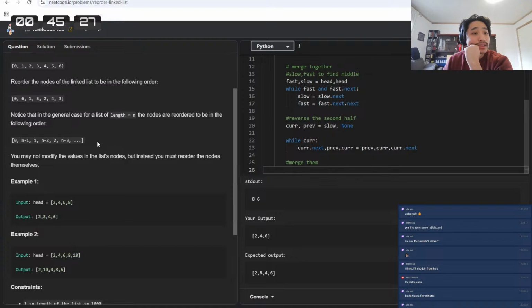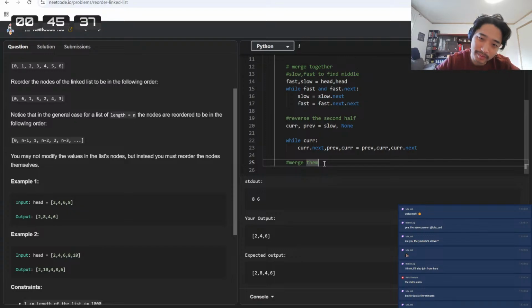Merging would be, notice the general case for length n following number. Why do I struggle with a merge? How would I do it the simplest way?